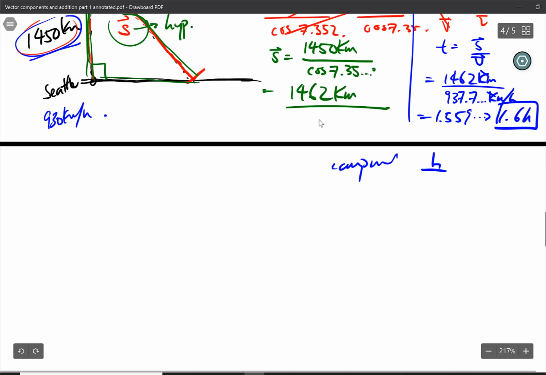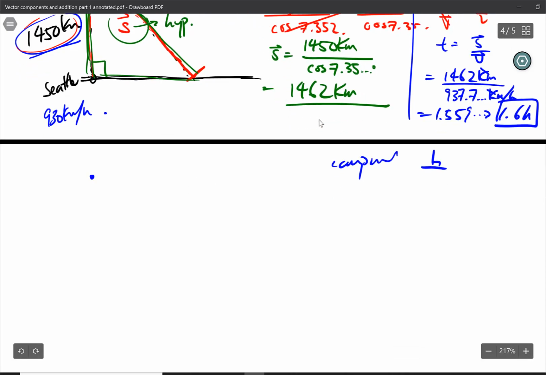What that means is, imagine you have a plane starting off here. Every hour it is going to fly 930 kilometers southward, and also 120 kilometers eastward as well in that first hour.